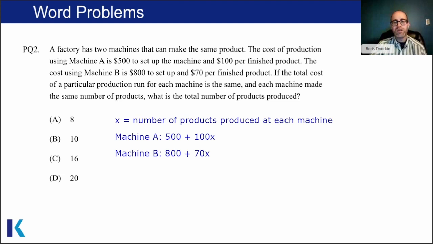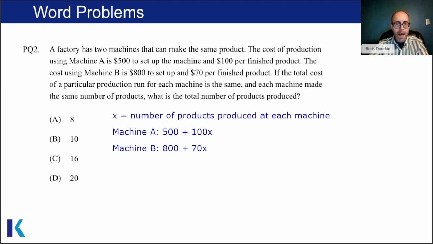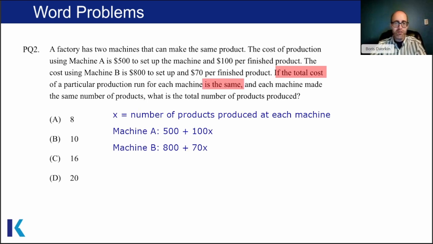Fantastic. You set them equal to each other because it says that the total cost of a particular production run for each machine is the same. So we're basically trying to figure out what is the value of x that makes both machines cost the same. So we say 500 plus 100x equals 800 plus 70x.